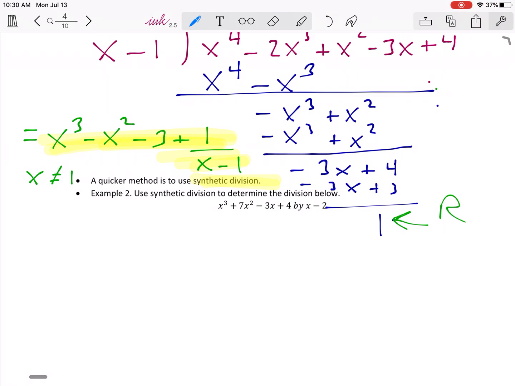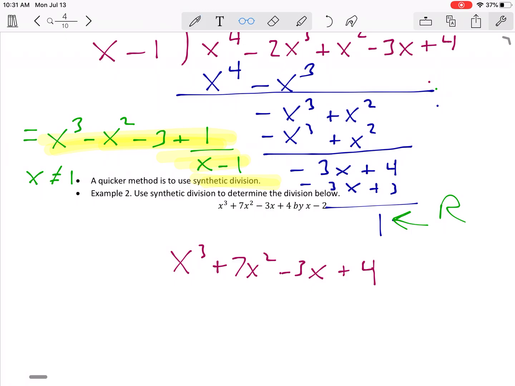So you've got x cubed plus 7x squared minus 3x plus 4. So there's what we're looking at.